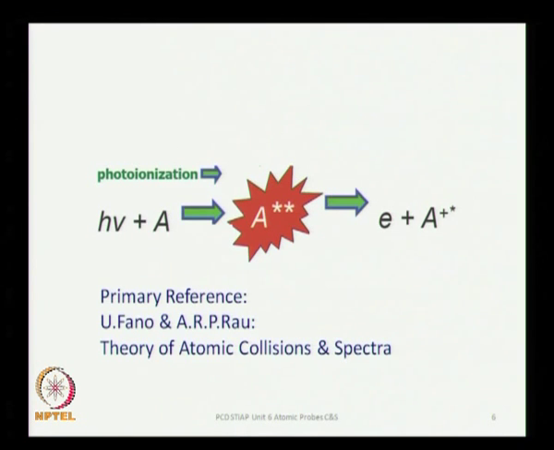Now this process of course can take place backward as well. So there is no reason for the reverse process not to take place. That is also governed by conservation laws, and this can in fact take place. The other thing is that if you look at the end product, what is this end product? It is an electron and an ion.